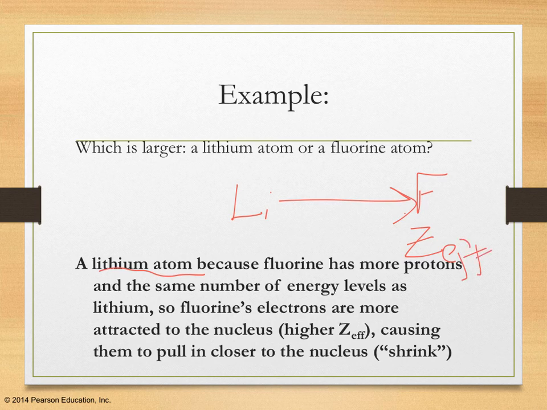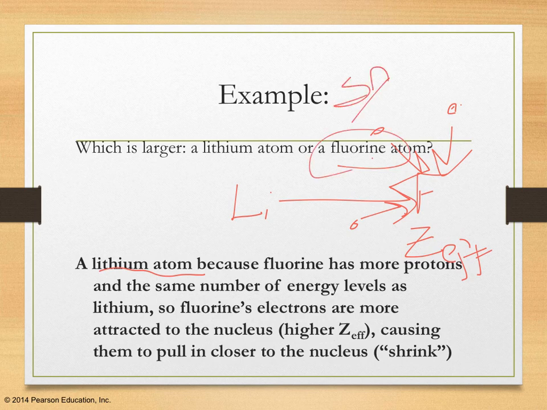And so the electrons around fluorine are pulled in tighter. They're more attracted to the nucleus of fluorine. It has more protons. They're pulled in tighter. And as a result, fluorine is actually smaller because of the higher effective nuclear charge. Now listen for a minute. I would actually write this down in a note card.